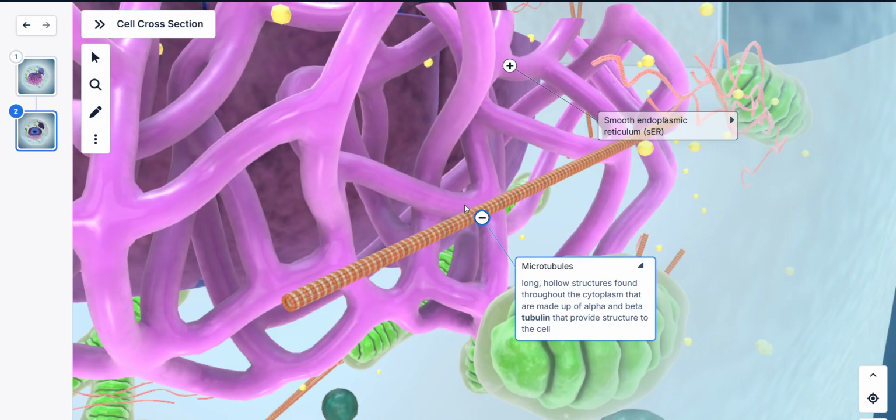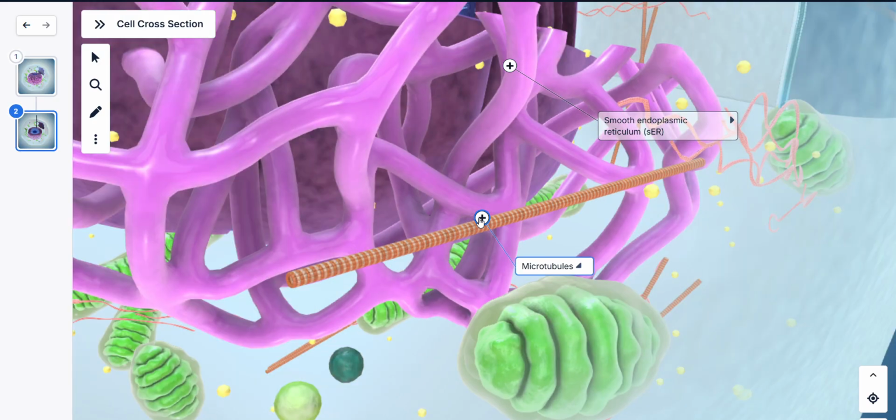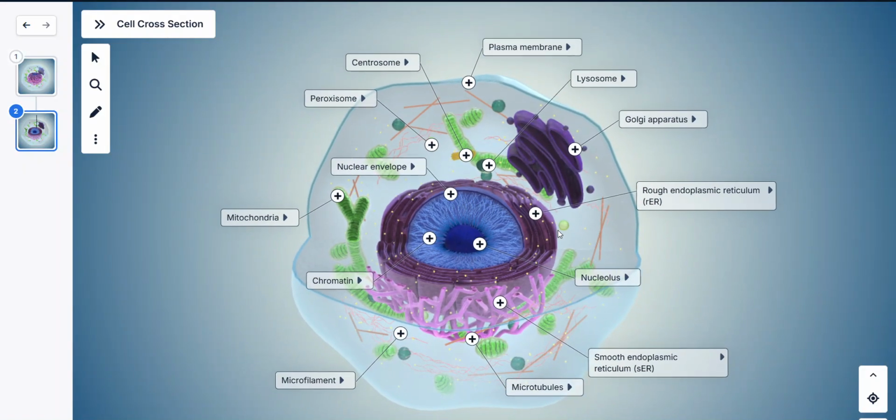So in a way we can say it is like the building material of the cell. Here the microtubule is the holding material of the cell. Then we have, inside, the chromatin.